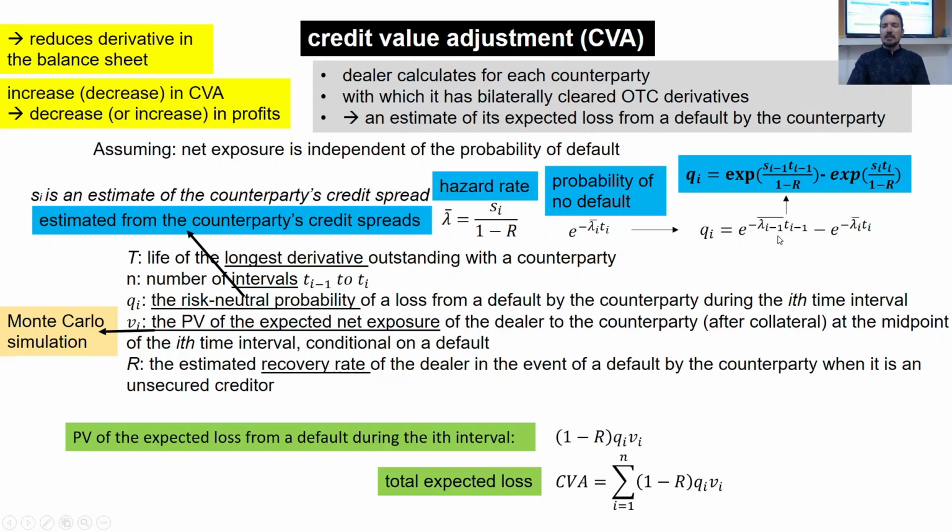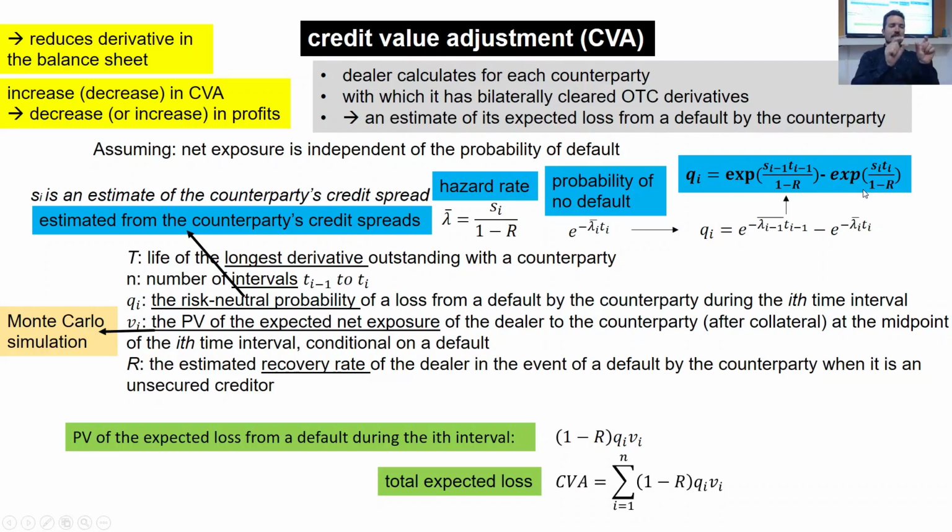If we are eliminating the hazard rate and giving back the credit spreads, we can see that credit spreads multiplied by the time divided by 1 minus the recovery rate, so possibly the loss ratio, then on the exp, so on the Euler number, will give us the data.